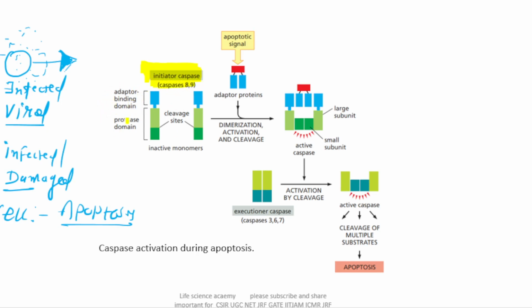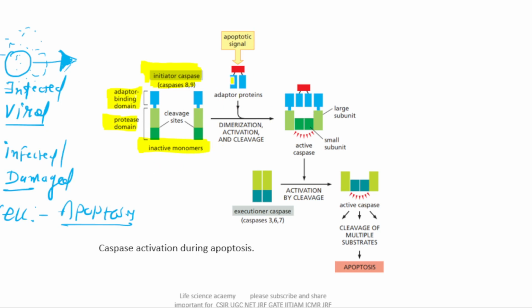So in the caspases, what is happening? In the caspase, the binding domain is present and the protease domain is present. So this is the inactive monomer. When the initiator caspase is inactive, that means it is inactive in monomeric form.